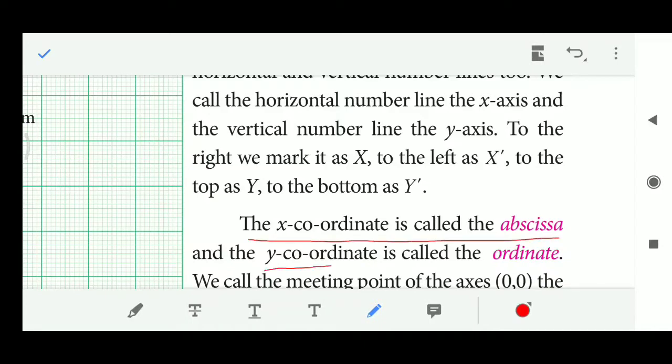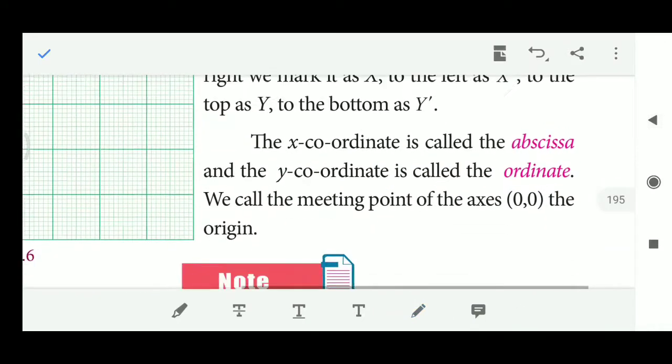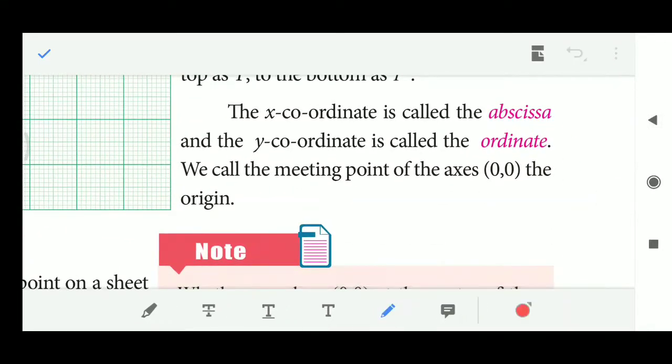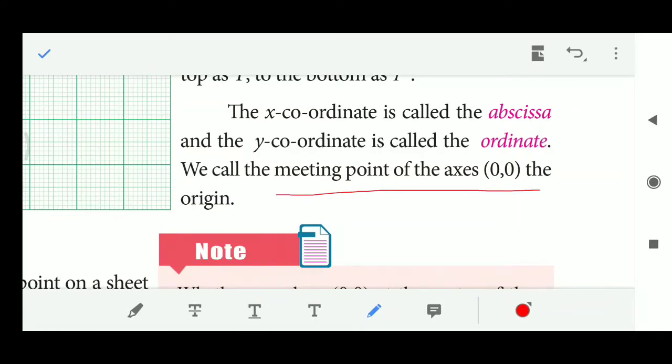So you have to keep this in mind. Abscissa is the x coordinate and ordinate is the y coordinate. If the x and y axes meet at (0, 0), we call that the origin. The meeting point of the axes x and y is called the origin.